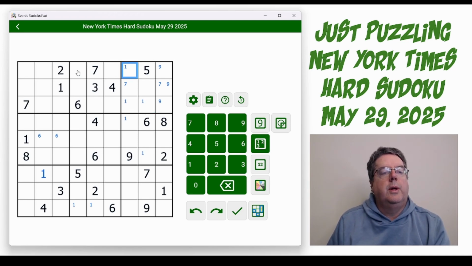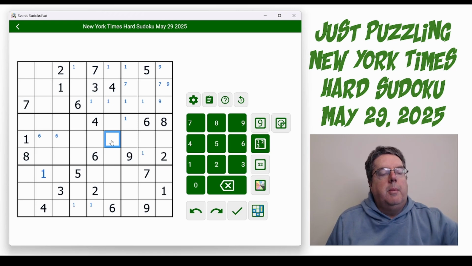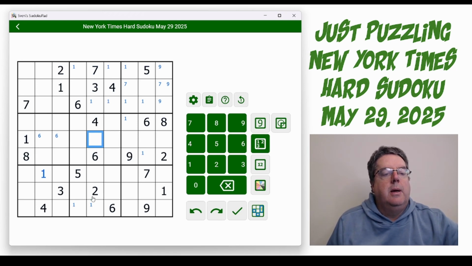We can also see that 1 can be one of those. At the moment, we can see 1 can't be here, we can see 1 can be there. So 1 is one of those two, 5 can be one of these 3. These two, in fact.